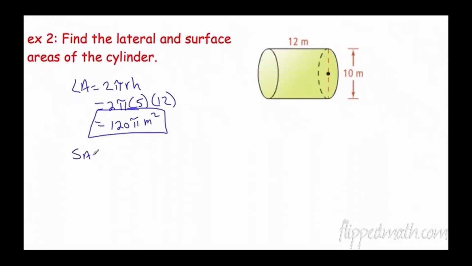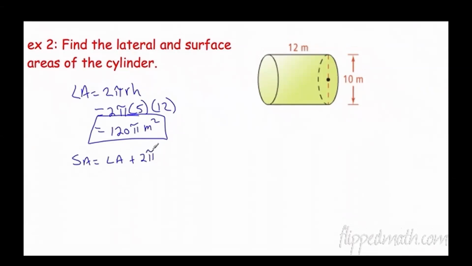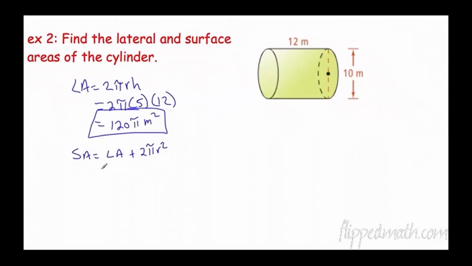All right. Surface area. So surface area is the lateral area plus 2 times the area of the base, and it's pi r squared. So we know this is 120 pi, plus 2 pi times our radius again, which was 5, and 5 squared. So 120 pi plus 2 pi times 25.